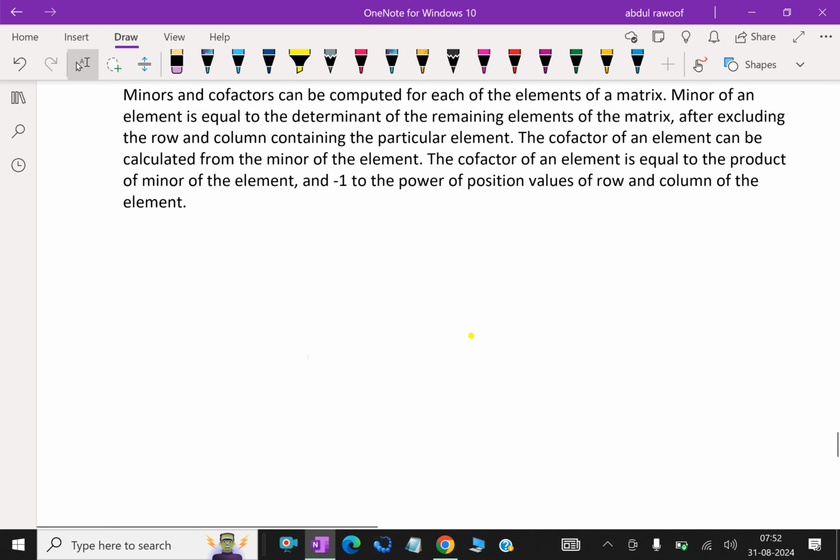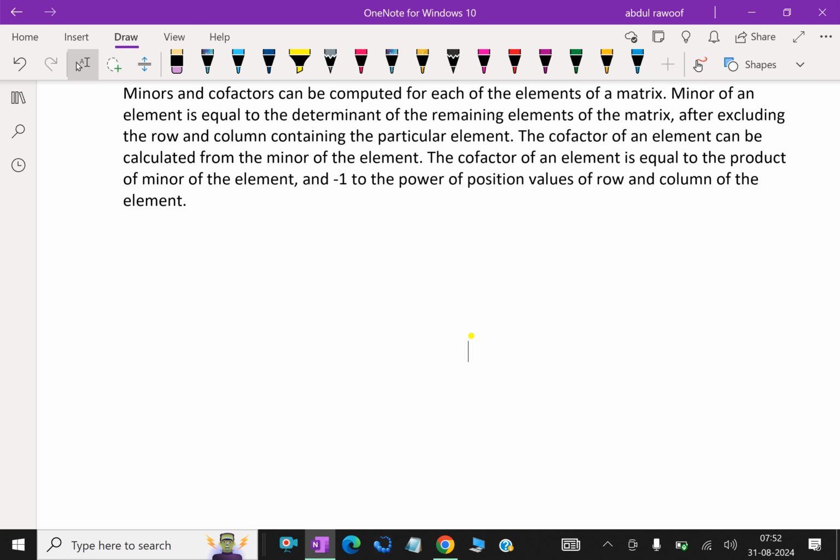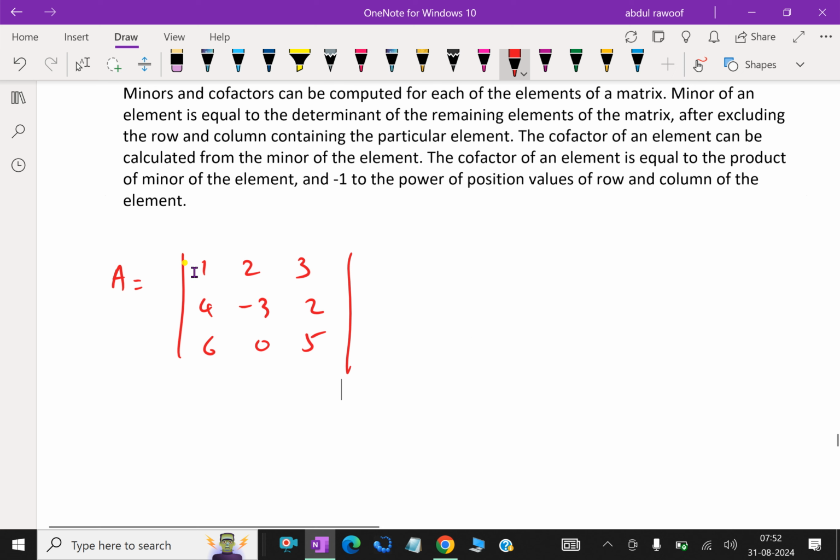Look at here, for any matrix A and its determinant: 1, 2, 3, 4, minus 3, 2, 6, 0, 5. There are 9 minors here. For example, the element A11: the minor of A11.